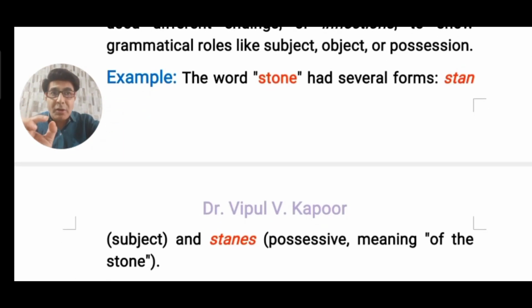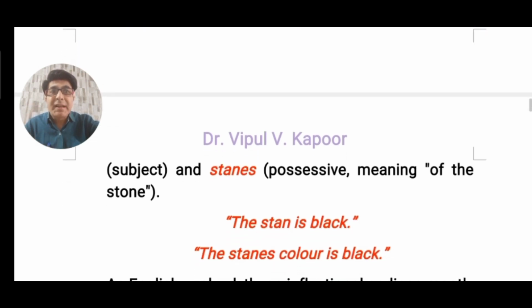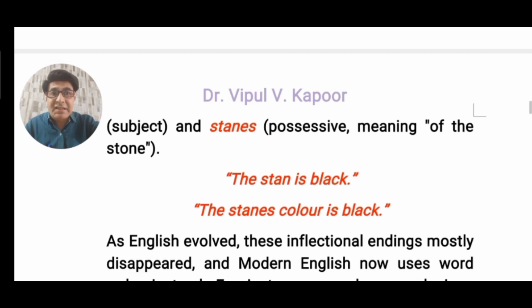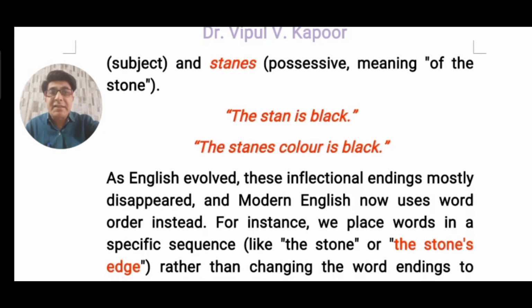The word stone had several forms like stan or stanes. You look at these two sentences. The stan is black. Now this is Old English language. Okay, so the change in the word you find in modern English. Now we do not speak it as stan. We write it as stone. Okay. The stone's color is black.